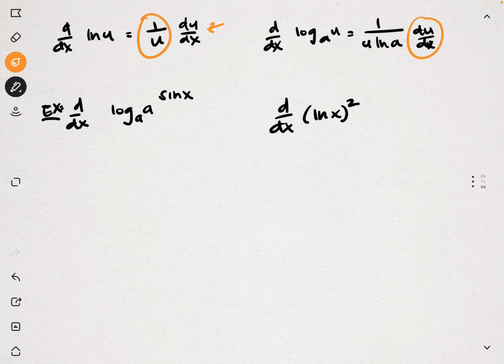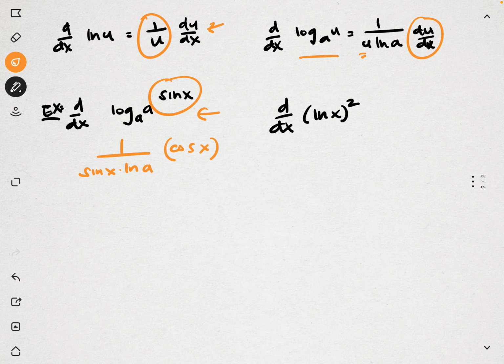Okay, so let's check this out. This one is like the second version; we're doing a log base. So this is going to be 1 over, our u is our sine x, so we have sine x times the ln of a. And then the derivative of sine is going to be the cosine x.